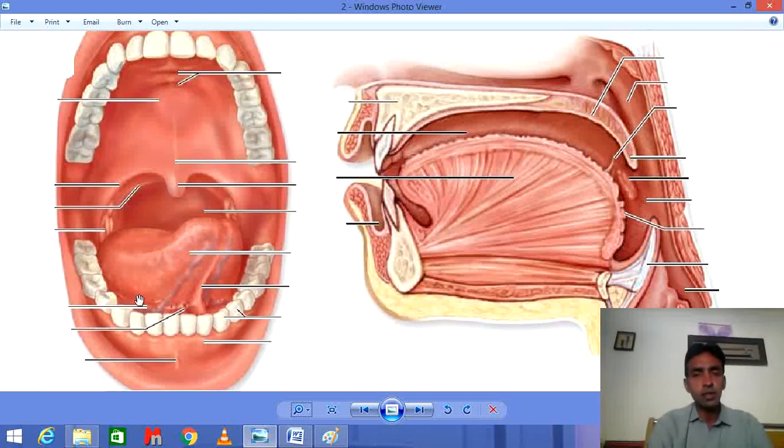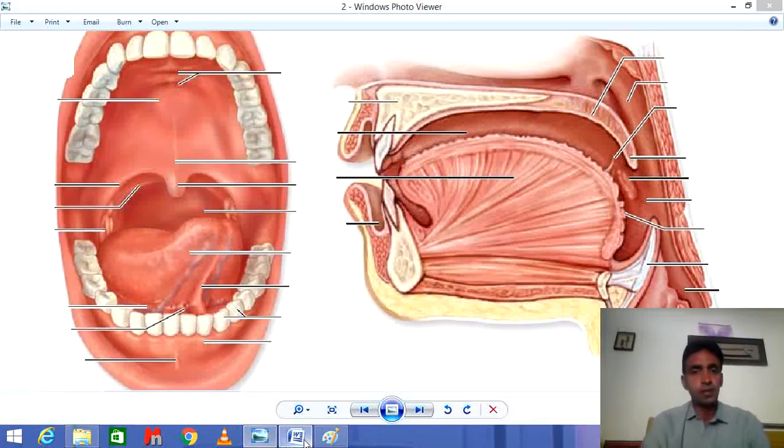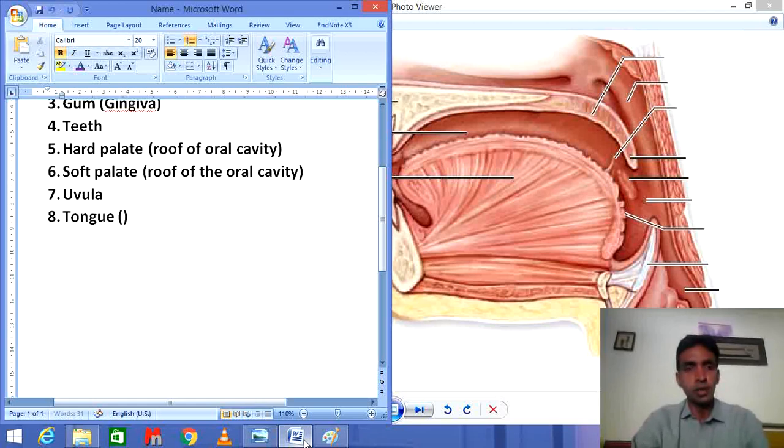So in the chewing of food, the tongue has a very important function, because it puts the food in between the teeth. If there was no tongue, it would be difficult for the food to come in between the two teeth. The main function of the tongue is the rolling of food.